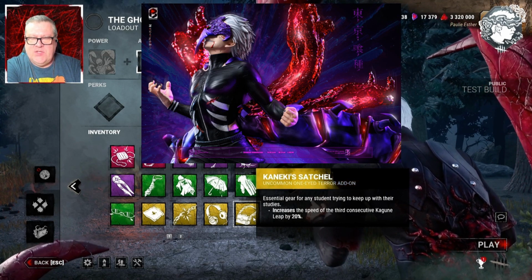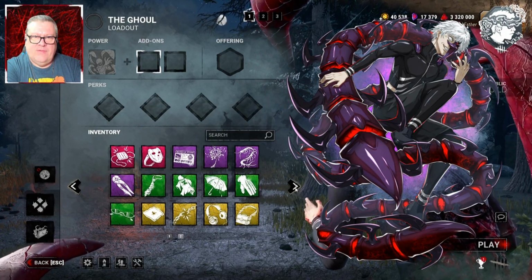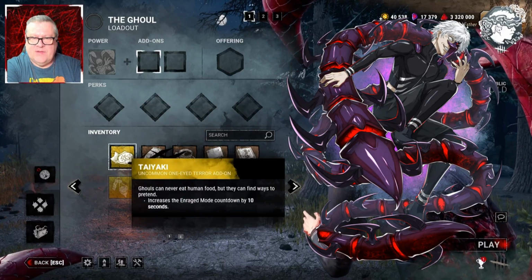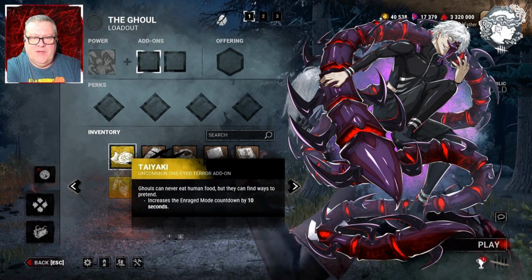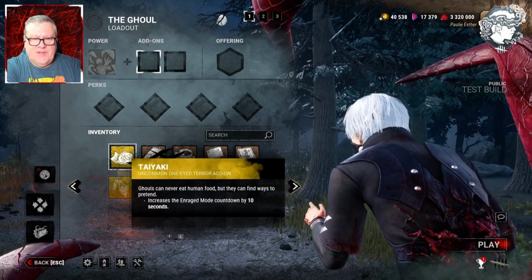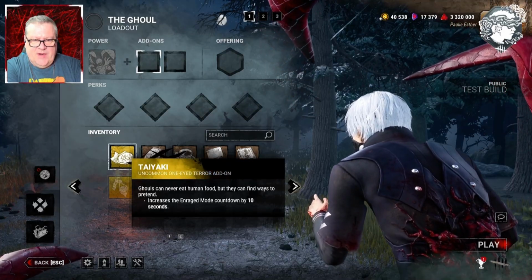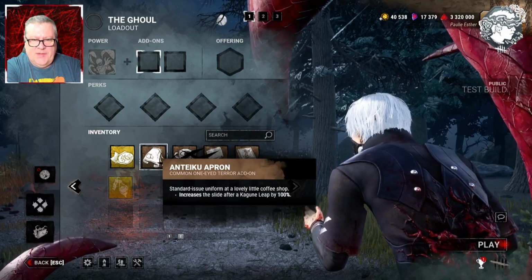Can they change these tentacles coming out of his back enough on a different cosmetic? I'd like to think so, but I'm not for sure. But Futura Kaneki would be pretty cool. All right, so there we go. The last bit there. The fish, the apron.